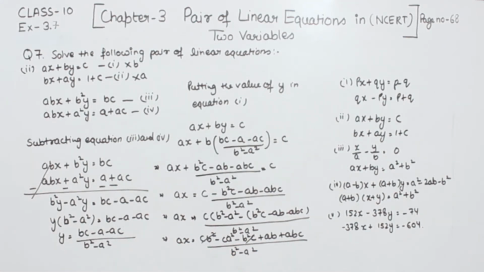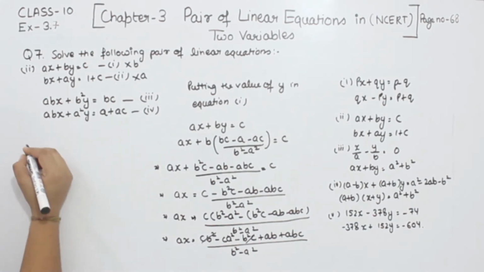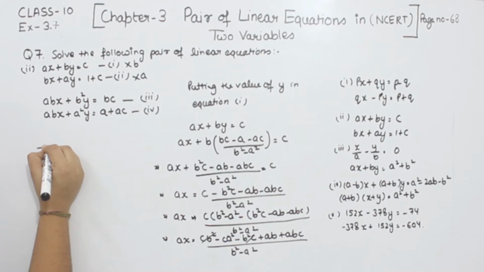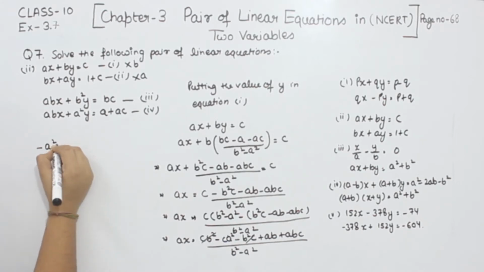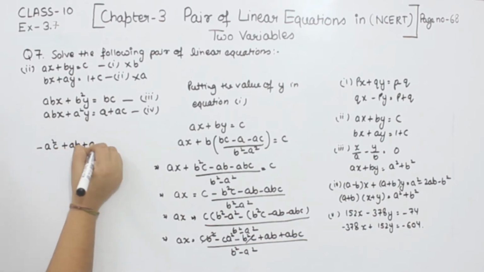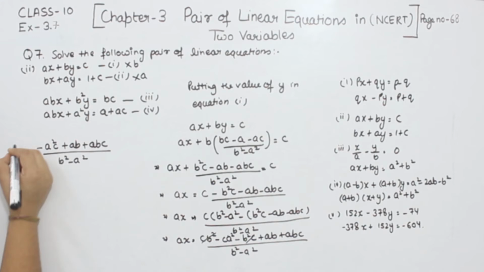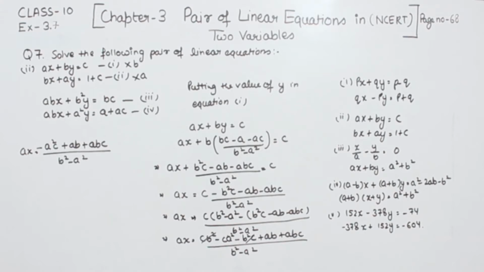Now we are going to solve it. So here we have minus a square c plus ab plus abc divided by b square minus a square, and this is equal to ax. Now we are going to take the common a from here.